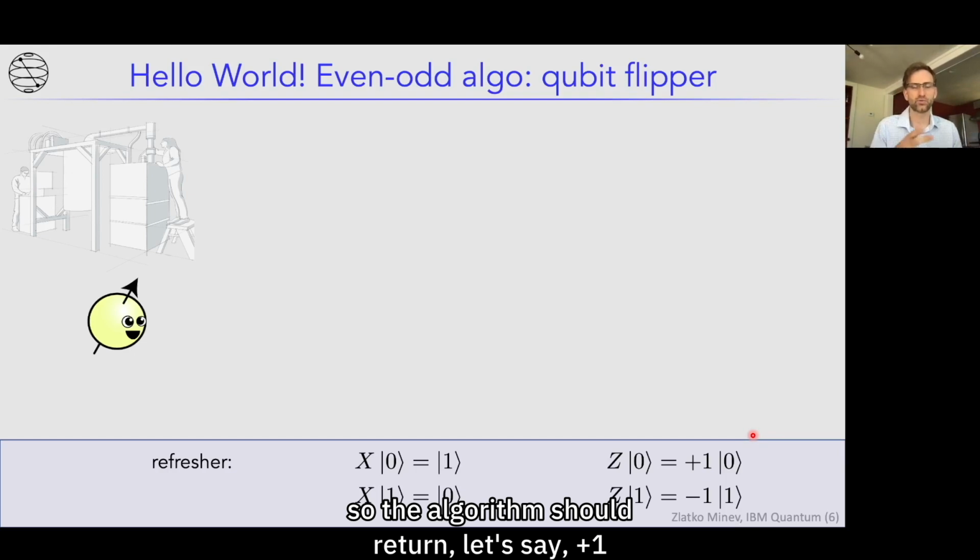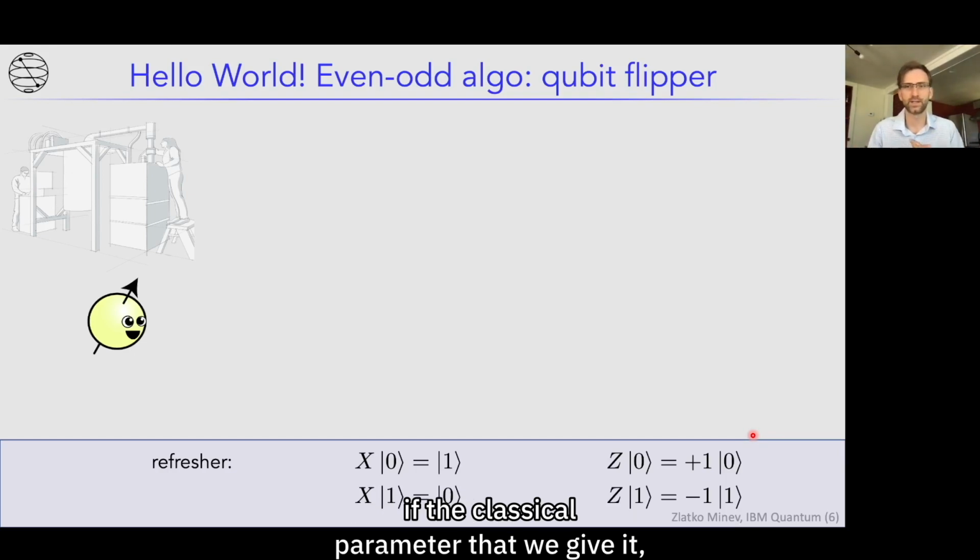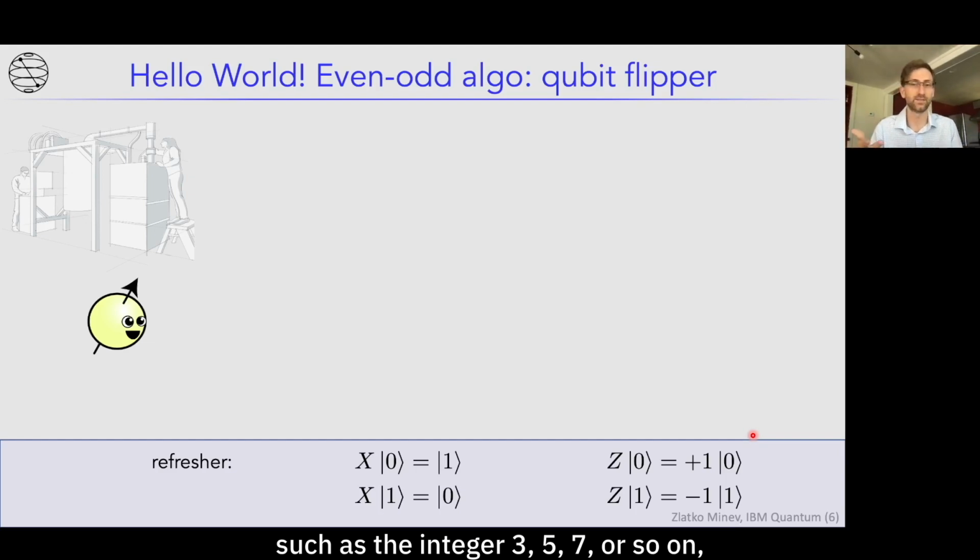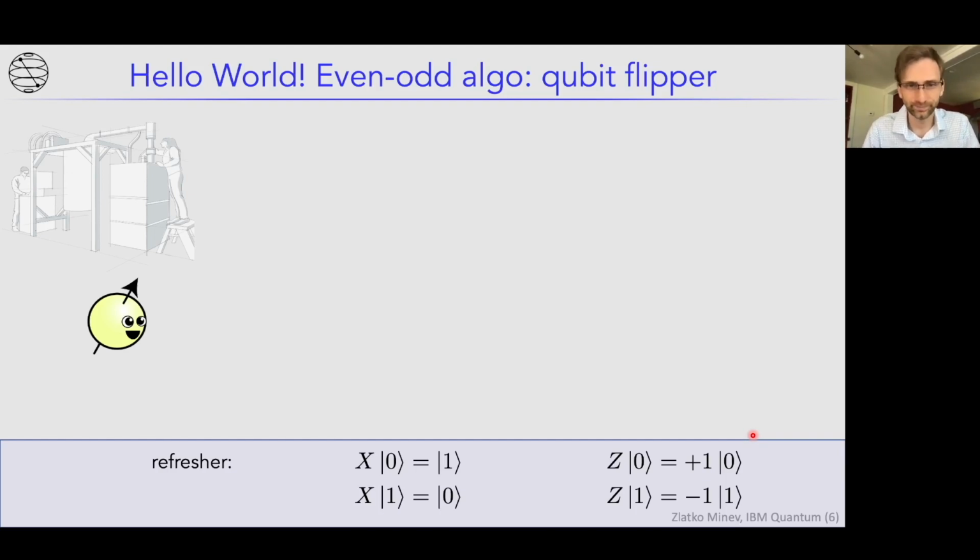So the algorithm should return, let's say, +1 if the classical parameter that we give it, such as the integer 3, 5, 7, or so on, is even, such as 2, 4, etc., or -1 if that parameter is odd.